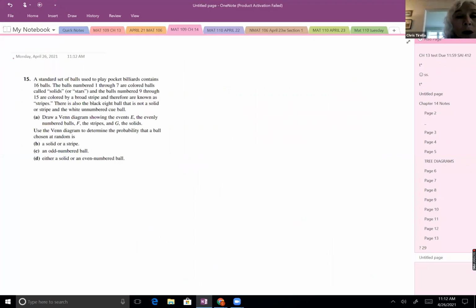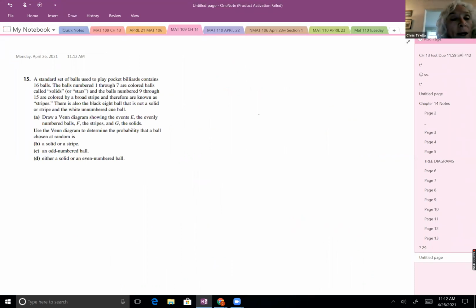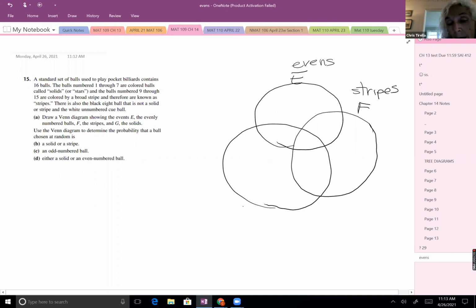So we're going to draw here a Venn diagram. And it says that E are the evens, F are the stripes, and G are the solids.